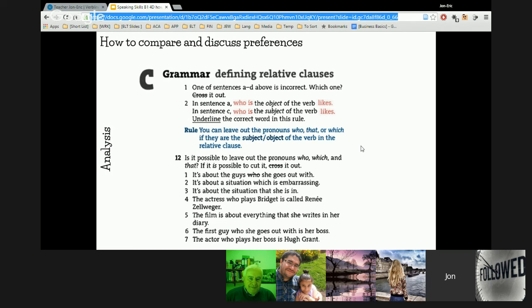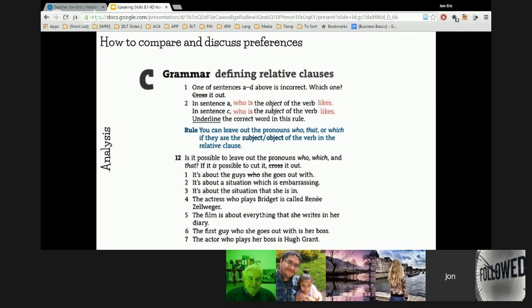The object is the man. Yeah. So, in which case can you leave out the relative pronouns? When it's the subject or when it's the object? That's the question I want everyone to answer. You've got two choices there. Which one do I cross out?